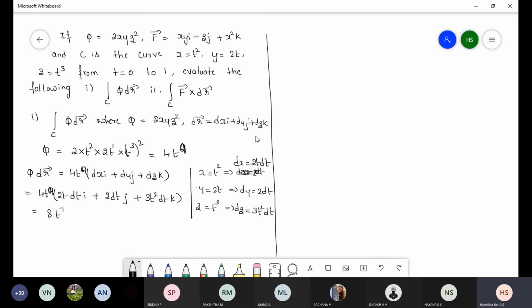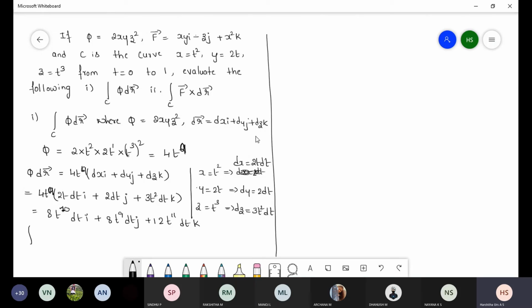So 4 into 2, 8, t power 9 plus 1 is 10, dt I, plus again 4 2s are 8 t power 9 dt j. Next 4 3s are 12, t power 9 plus 2, that is t power 11, dt k.